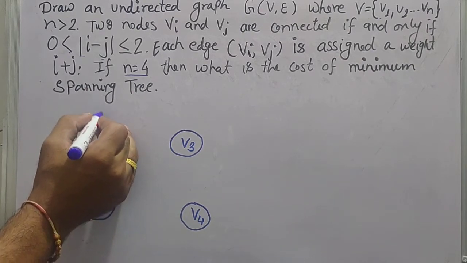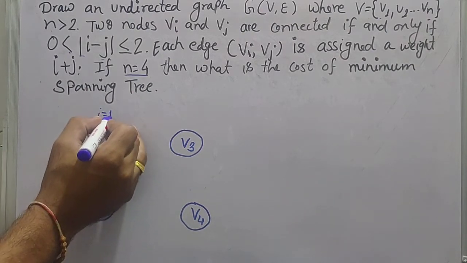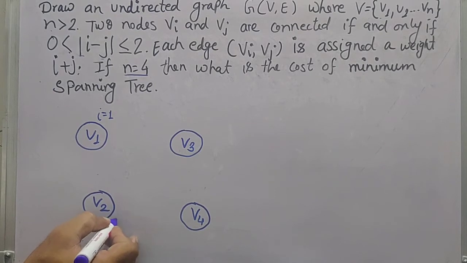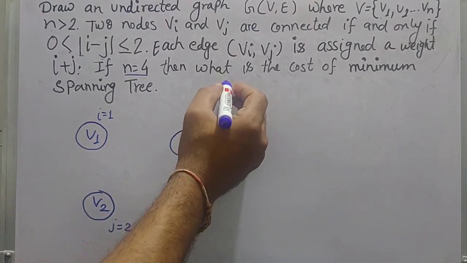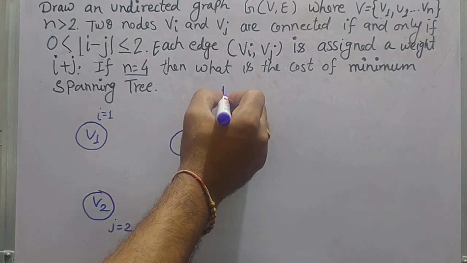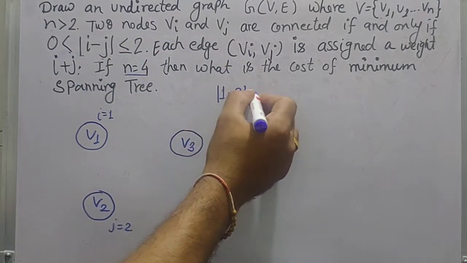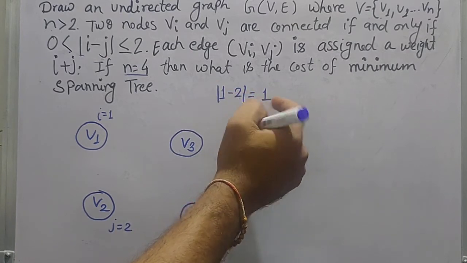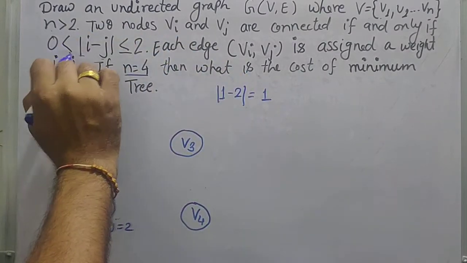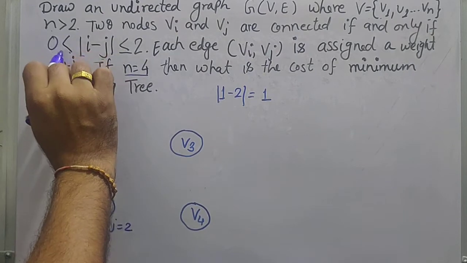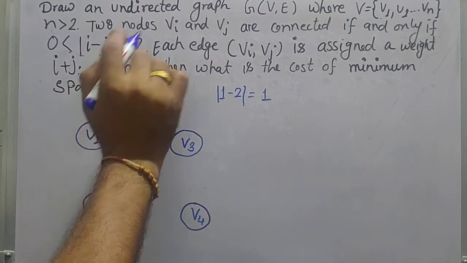Suppose this is Vi, so i is 1 and this is Vj, so j is 2. Now calculate the difference. The difference between i and j, 1 minus 2, the absolute value, is 1. So 1 satisfies this condition because it is greater than 0 as well as less than or equal to 2.